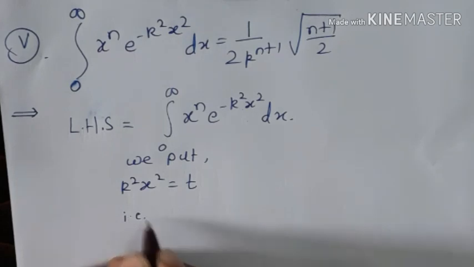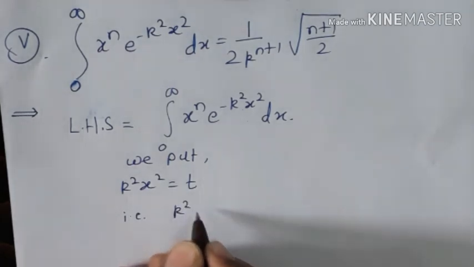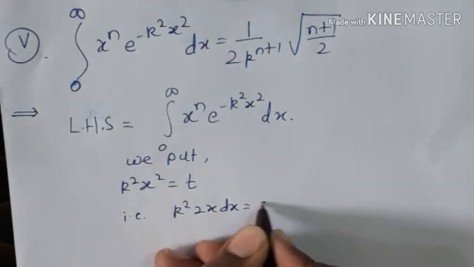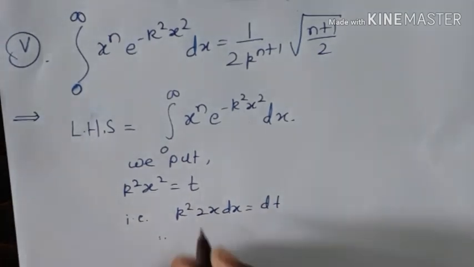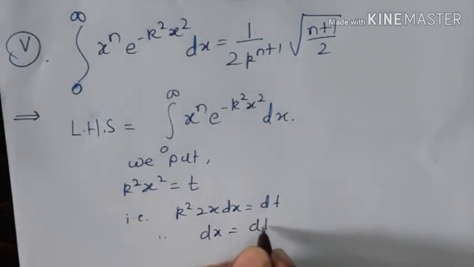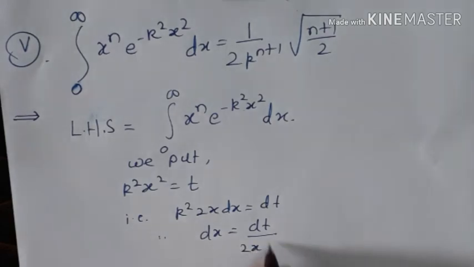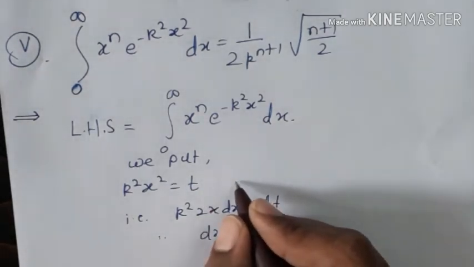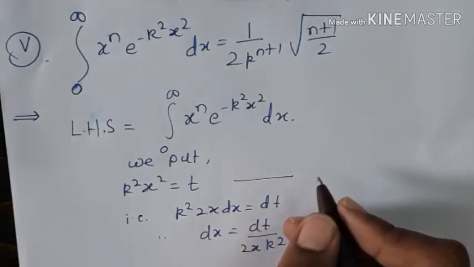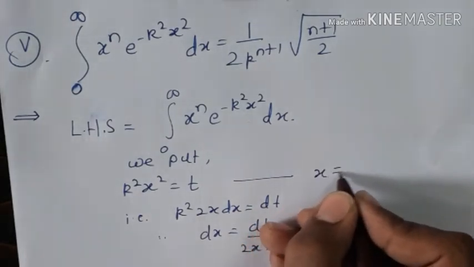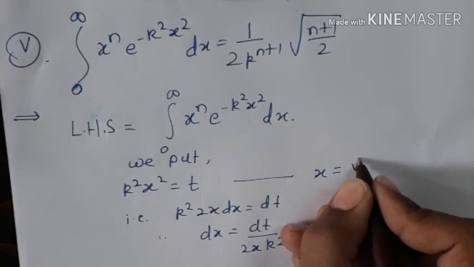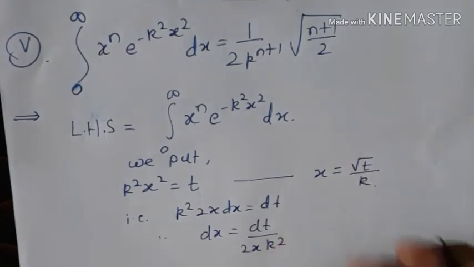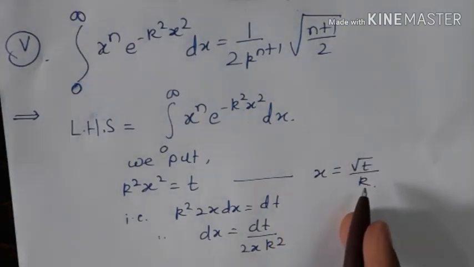On differentiating we get k square into 2x dx is equal to dt. Therefore dx is equal to dt divided by 2x k square. From here we can also find the value of x: x is equal to root t by k.